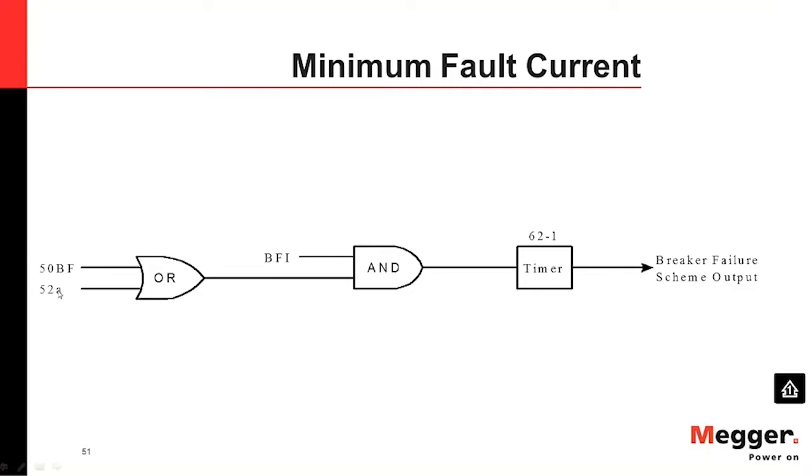It means if my circuit breaker is closed, we'll have a continuous signal here. If we have breaker failure initiation, it will go directly without waiting for the current. That is commonly used for generators and transformers, to protect them, because current detection for transformers and generators is sometimes very minimal.